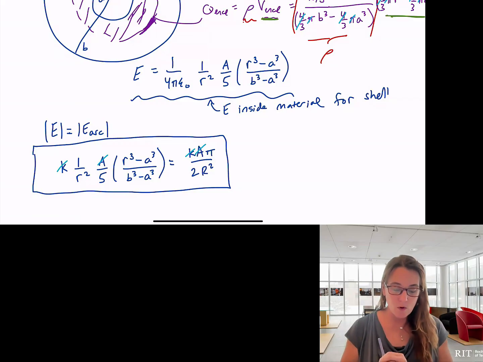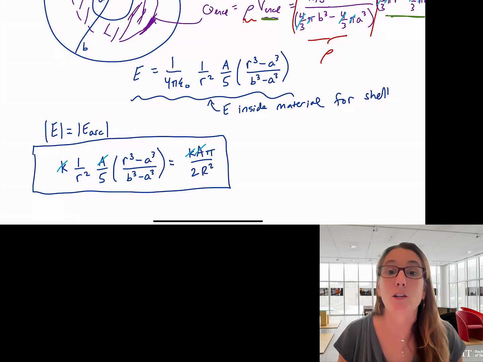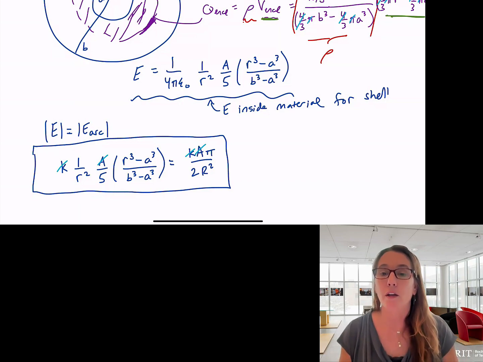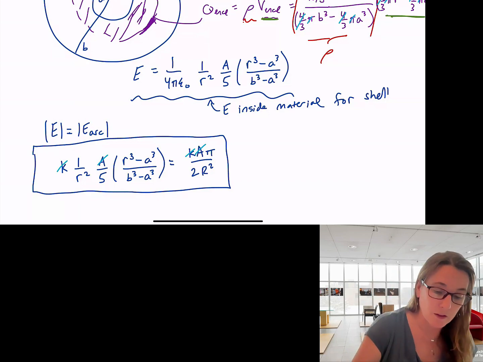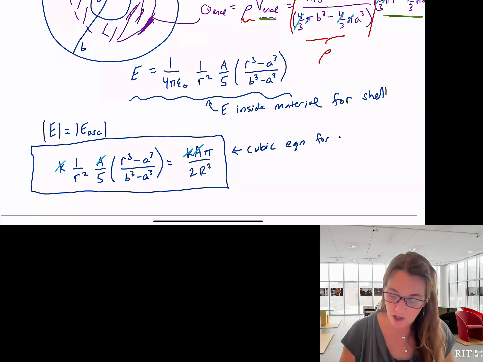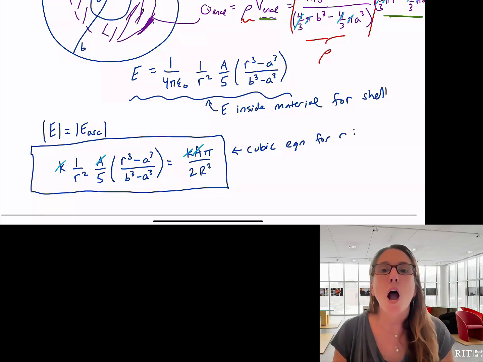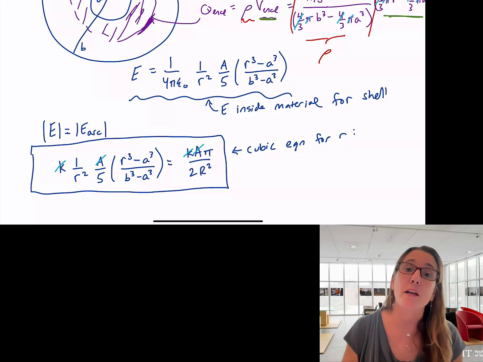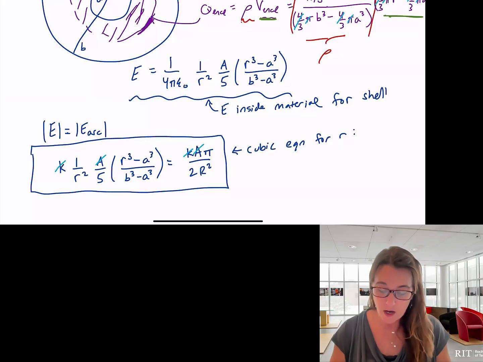But ultimately what I'm going to end up with here is a cubic equation for r. I am fundamentally going to end up with something that is a cubic equation for r. And so I am going to simply use a computer to solve that. I can use Wolfram Alpha in order to solve it, for example.